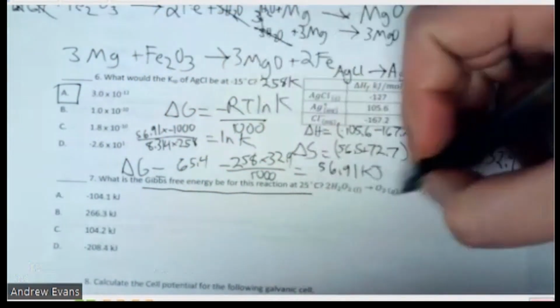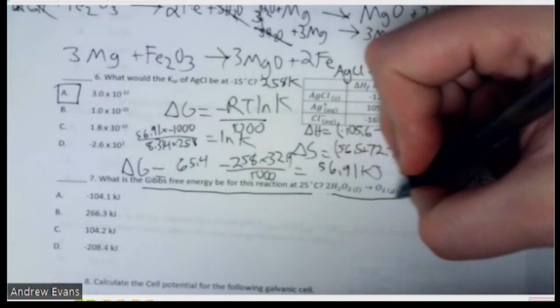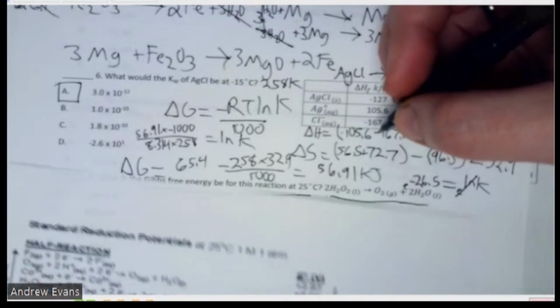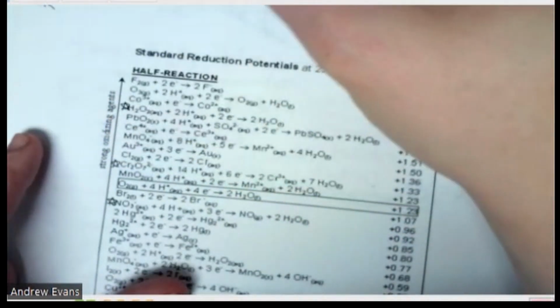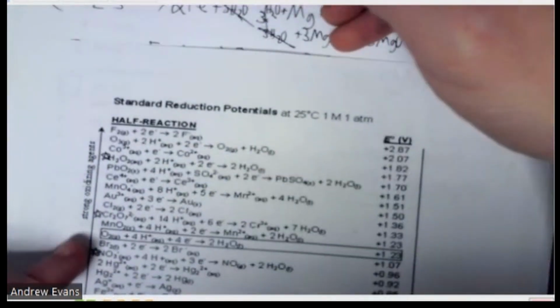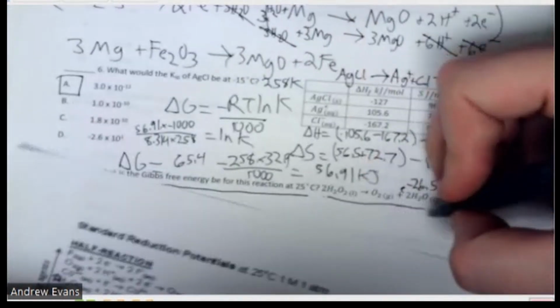Okay, what is the Gibbs free energy of this reaction? Notice, I do not give you any table. So I have to use my table, I have to use E cell. When there's no table, use E cell. So 2 peroxides go into oxygen and water. So here's peroxide goes into water. So one of these is 1.77.